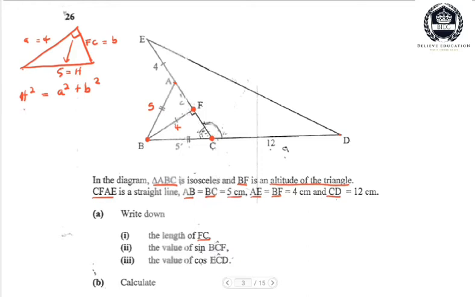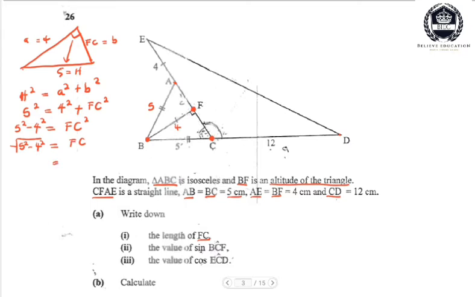So my H being equal to 5, squared, is equal to my A, which is 4, squared, plus my B, which is FC, so FC squared. Then I take out the 4, so I have 5 squared minus 4 squared is equal to FC squared. In other words, we have FC being equal to the square root of 5 squared minus 4 squared.